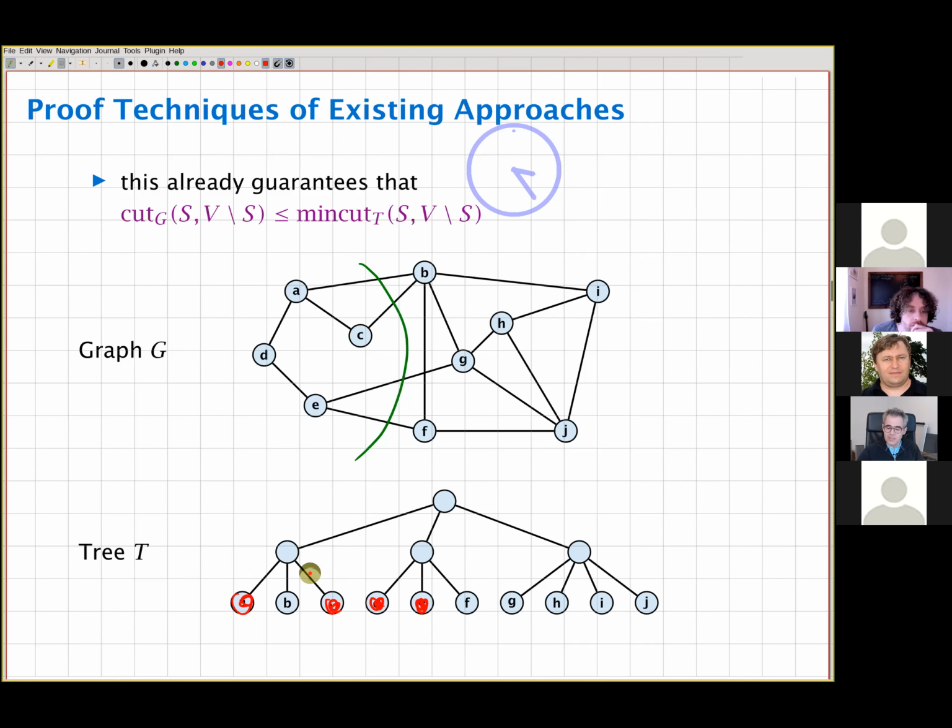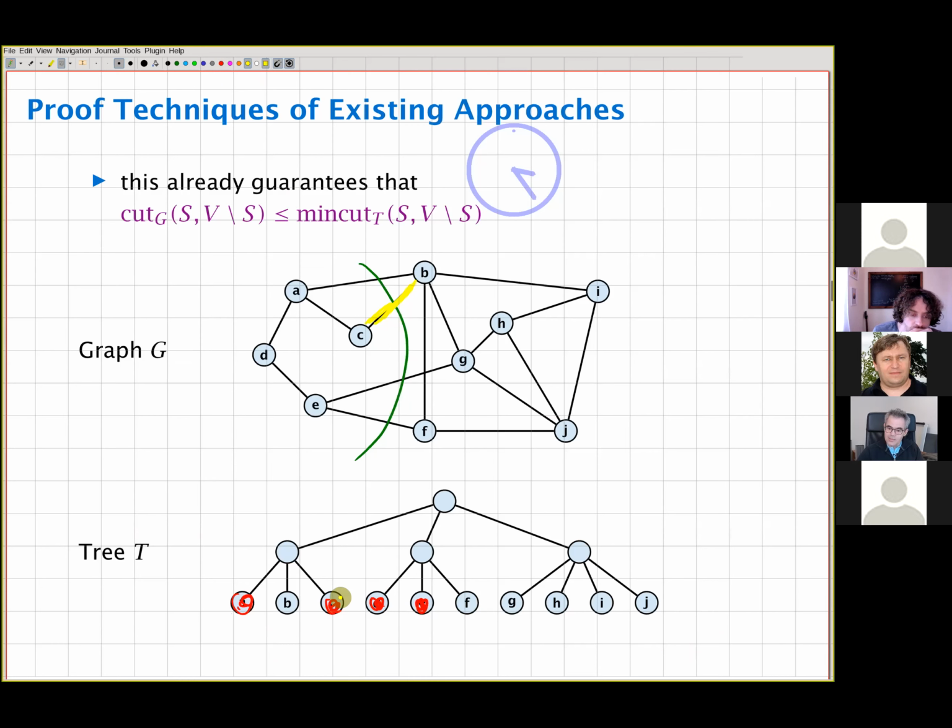And now in the tree, I will compute a cut between the red leaf vertices and the blue leaf vertices. And now I ask, if I take this edge, and it contributes to the capacity of the cut in the graph, does it also contribute to the capacity of the cut in the tree?